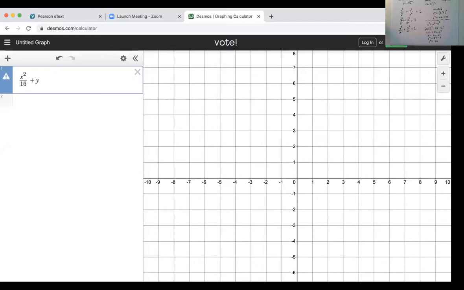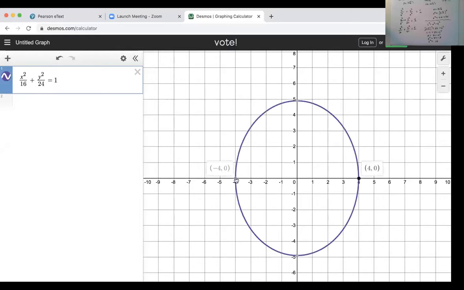Notice the 24 is larger, so the major axis will indeed be in the y direction. Equals 1. There's our 4 and our negative 4 here. We assume this is 2√6. Is 2√6 4.899? 2 times the square root of 6 is indeed 4.899. That makes us feel pretty good.